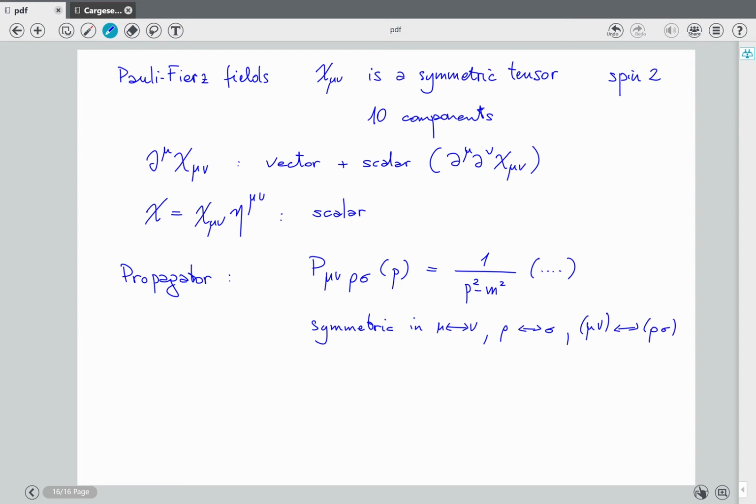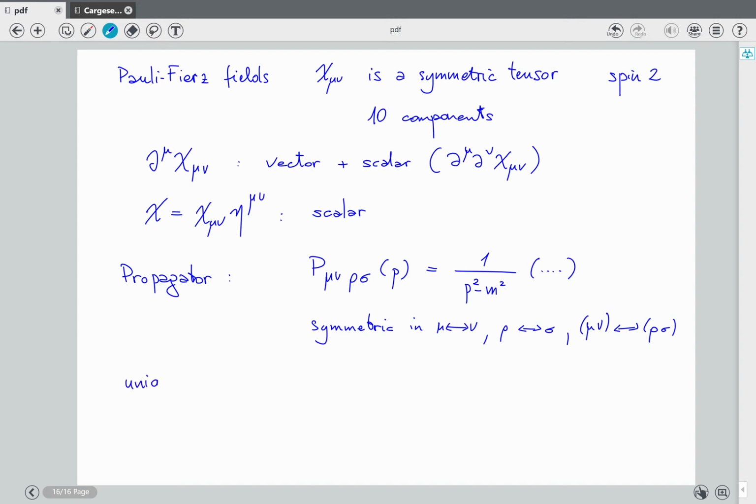These are the symmetry properties. And then it should also satisfy the condition that it doesn't propagate anything more than the 5 components you expect from a spin 2.